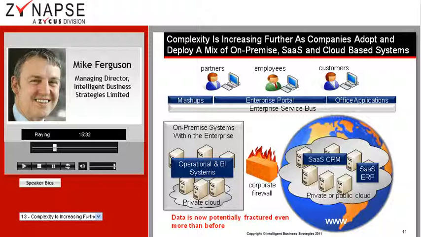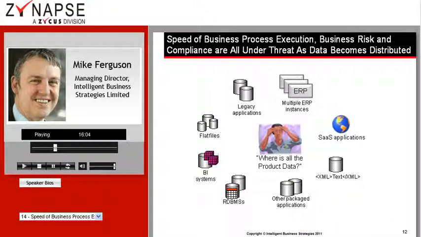I was at a bank recently where some of the data that they were holding was held out in a cloud computing environment. And so now we've got business processes starting to span a hybrid mix of external cloud-based software as a service applications and internal on-premise operational and BI systems, which means that data is potentially even more fractured than before.